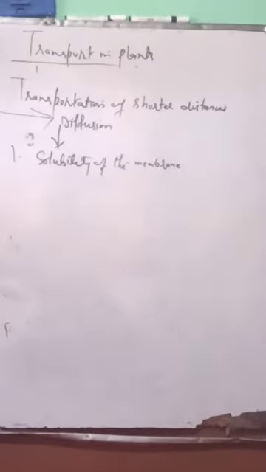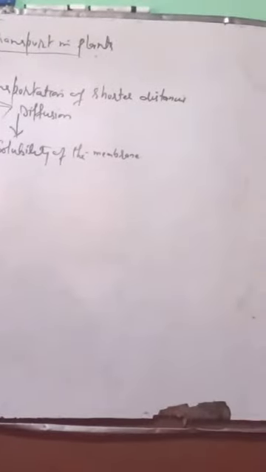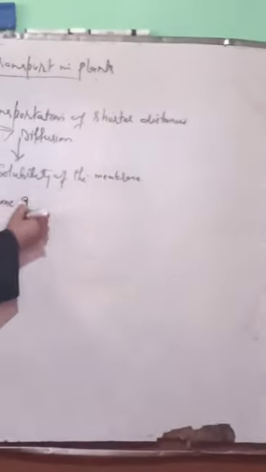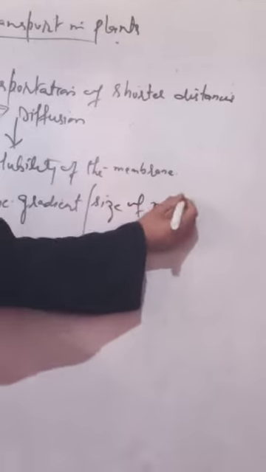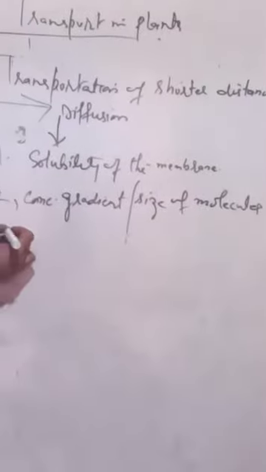It means the membrane from which the molecule has to cross. Then another one is concentration gradient. Then size of molecules.